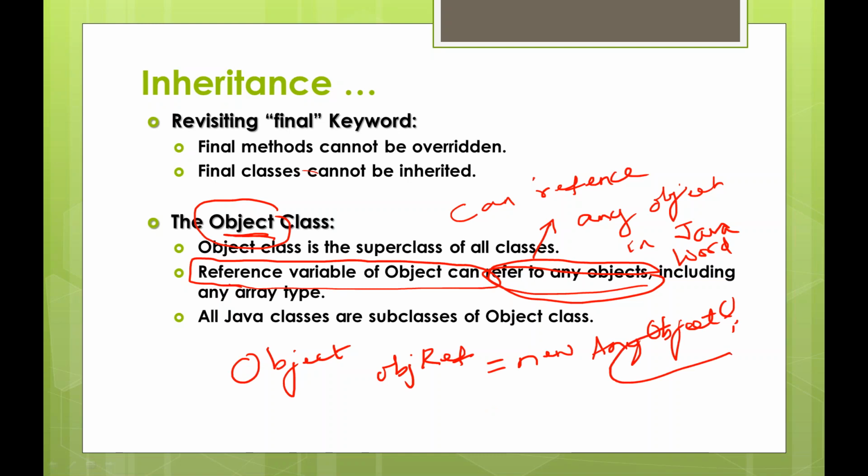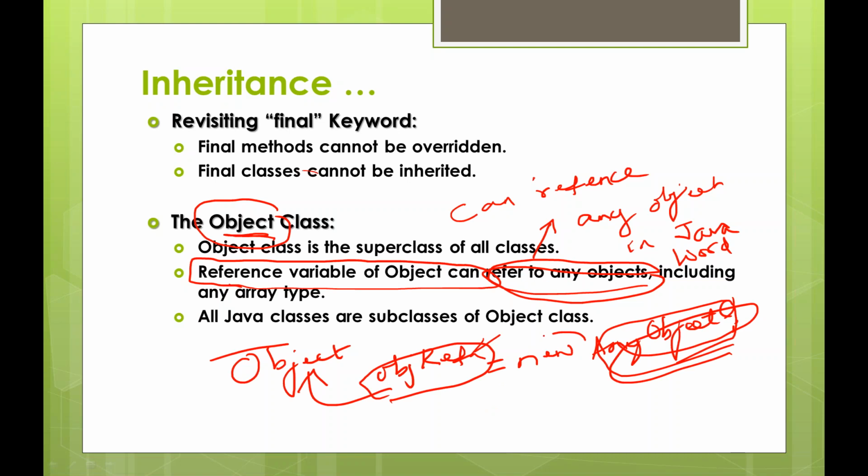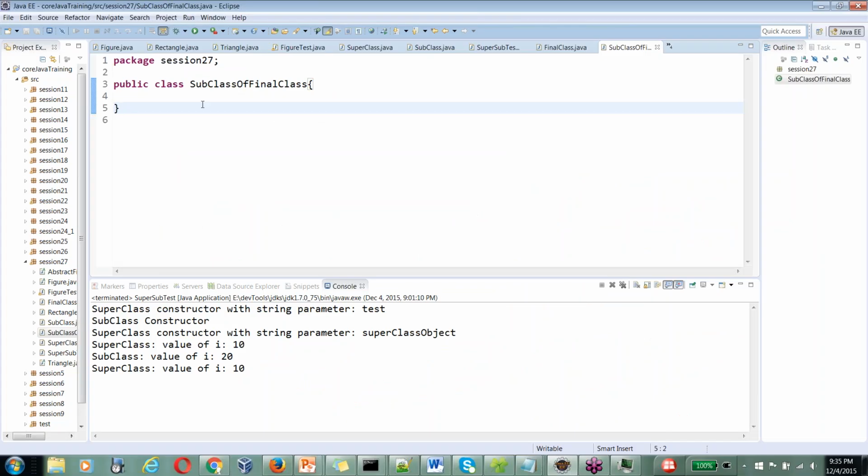It can be any object in the Java world. This is a reference variable of type Object. This particular reference type can be assigned an object of any type in Java, even the types that you create, user defined types, any new type. Let us see an example.